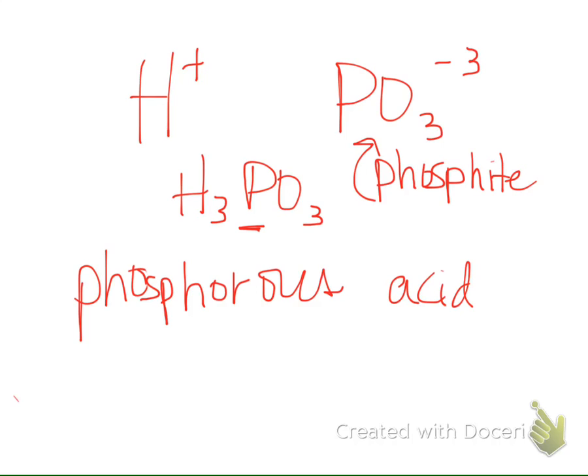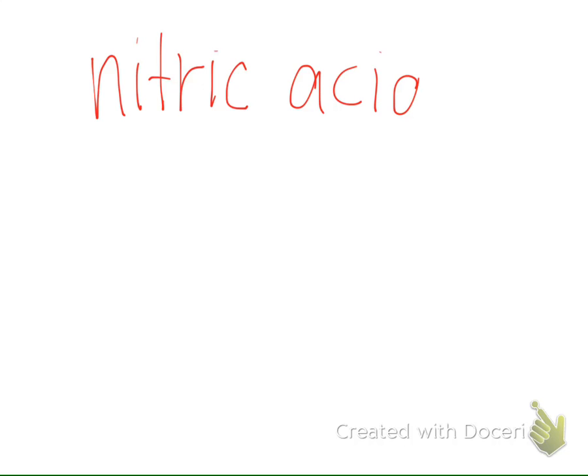Okay, so now do you think you could work backwards if I give you the name of an acid? Can you give me the compound? We'll see. Give me the compound of nitric acid. Nitric. All right, Braden, what do you think?